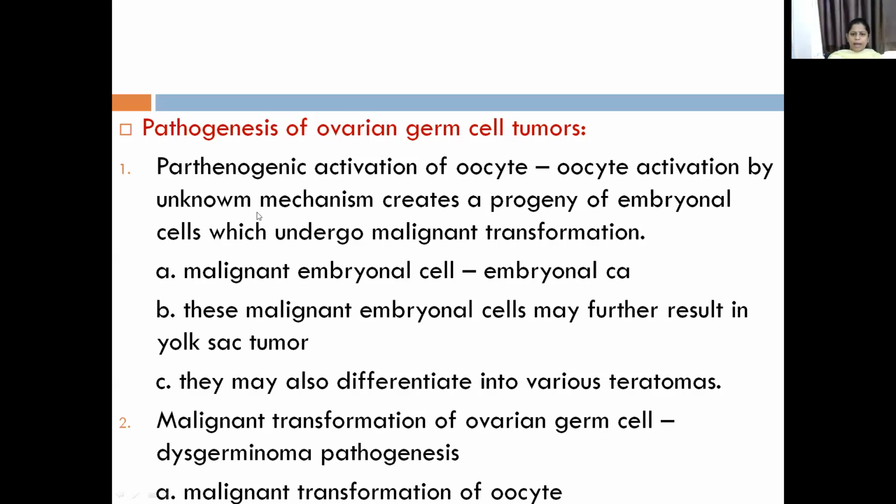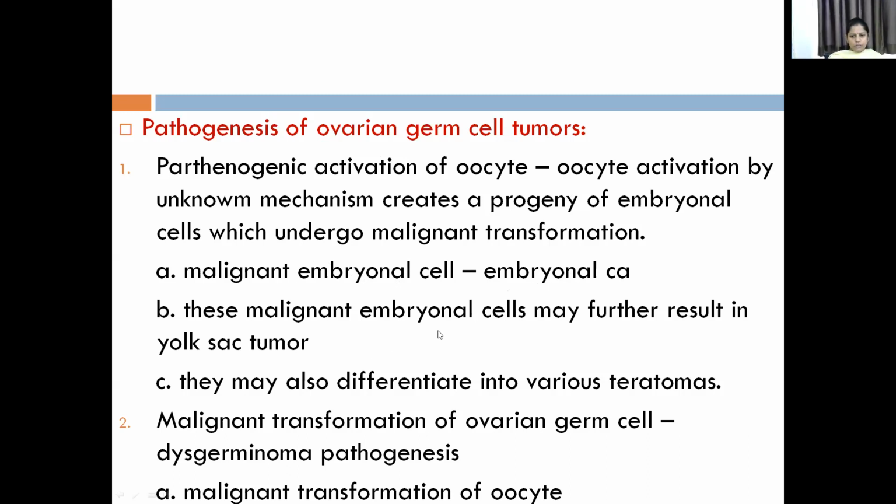Embryonal cell means it is very primitive. You are not able to distinguish what type of cell it is. So when the cell arises as a malignant embryonal cell, it is called embryonal carcinoma.